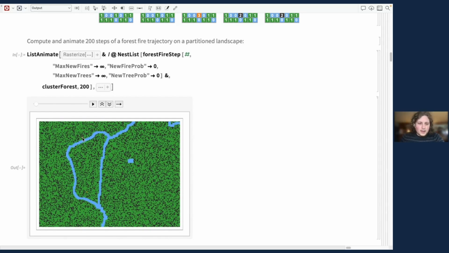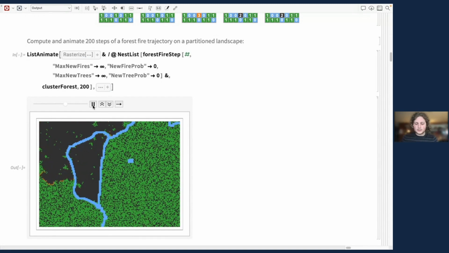And I've started a fire. It's difficult to see here at the first time step, but there's one starting here and one starting right here. And if I let this run, we'll see the fires spread and burn everything that is in its path in a continuous cluster of trees.